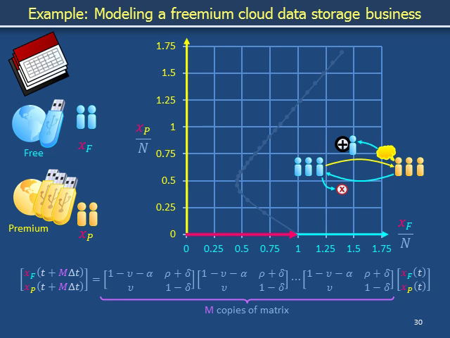Some non-paying customers, unfortunately, will lose interest and cancel their accounts. Loss of non-paying customers corresponds to horizontal motion toward the west. The state of the system thus moves toward the northwest, a little more west than north, as we move into the next month.